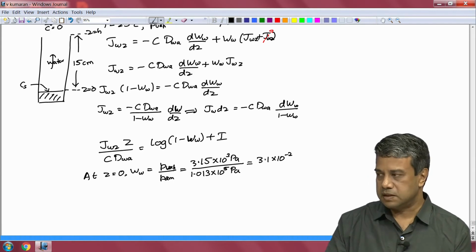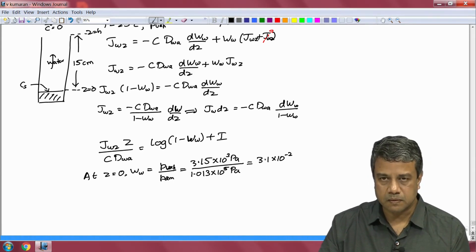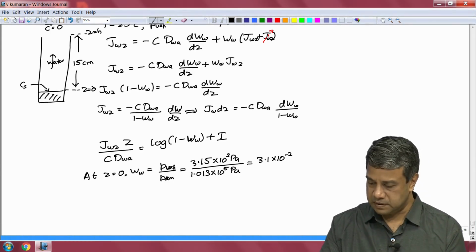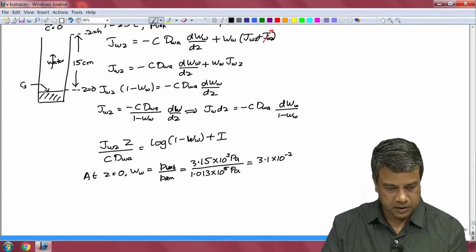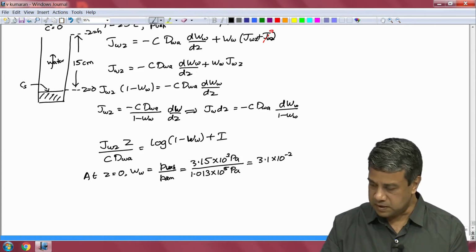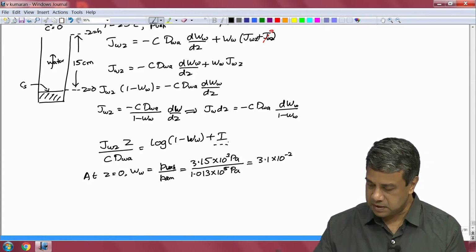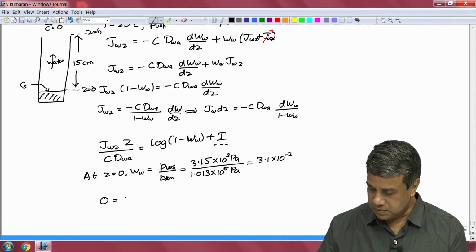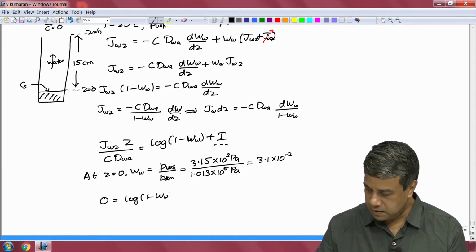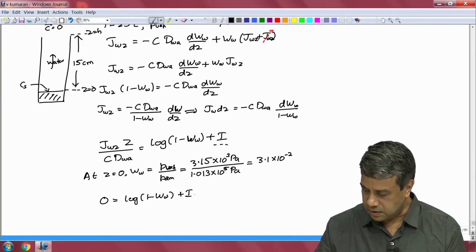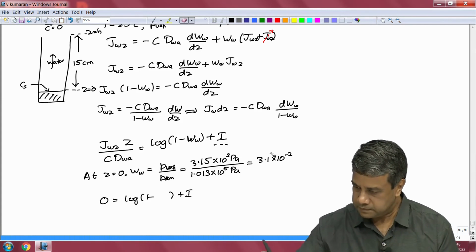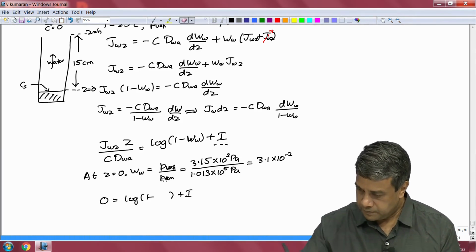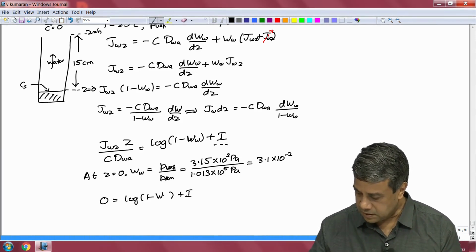Okay. That is the mole fraction of water at the surface, at Z is equal to 0. So, using that you can find out what is the constant in this. At Z is equal to 0, 0 is equal to log of 1 minus WW plus I times 1 minus the saturation concentration.